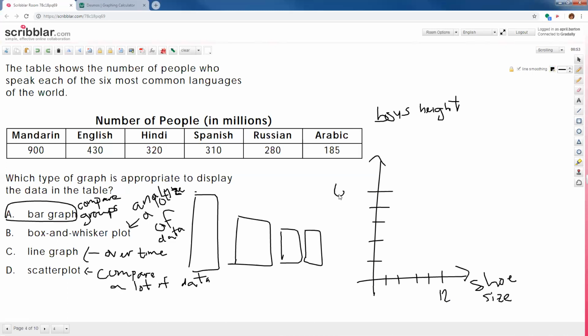Let's go 6 foot 6 inches. He's probably pretty tall, and you could put his information here. So you'd collect all that information and graph it on the chart.